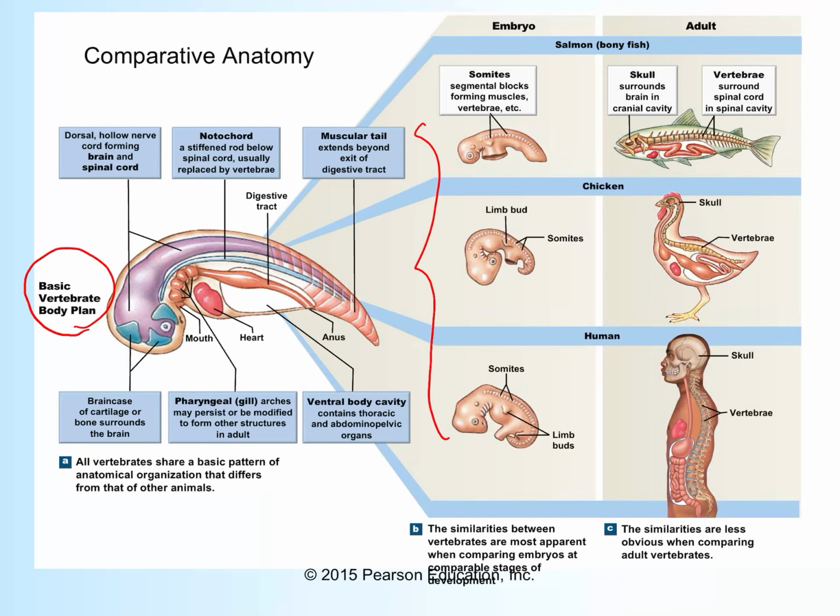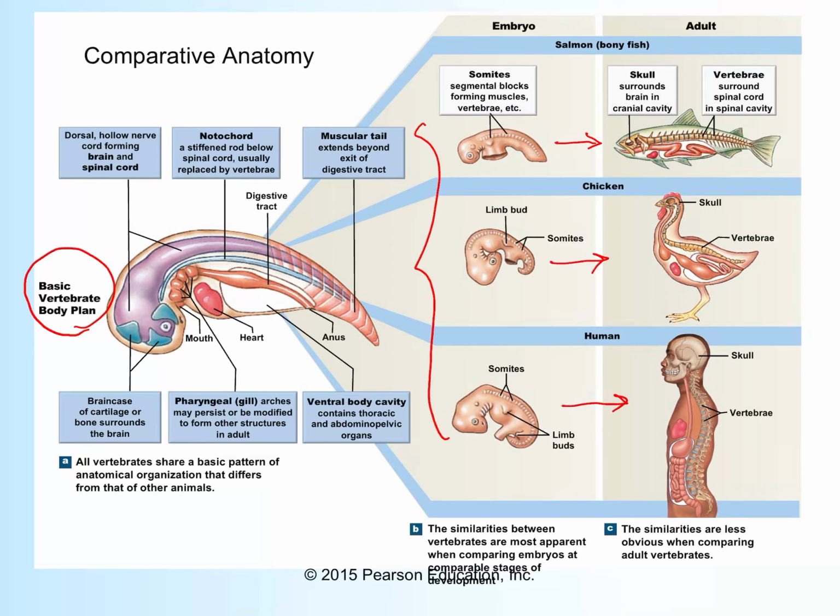So we all look the same as an embryo, and then they start to change, right? So salmon will mature into a salmon, chicken will mature into a chicken, and humans will mature into the human form.